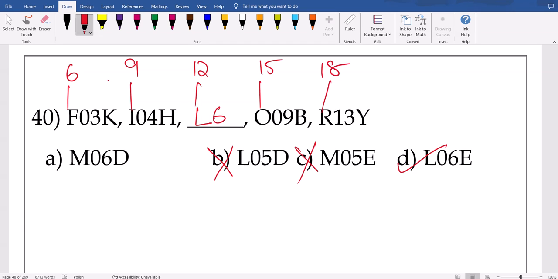The middle two digits are 3, 4, 1 gap, then 2 gap. 6 should be 0, 6. I too agree, 6 should be written as 0, 6. Then 9, then 13. So 3 gap, 3 gap, 3 gap likewise. We'll get R13 Y last, but this one should be L06.